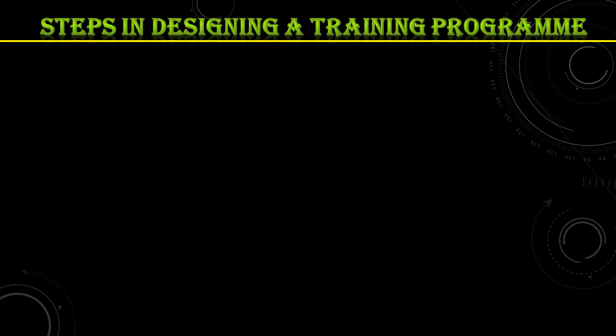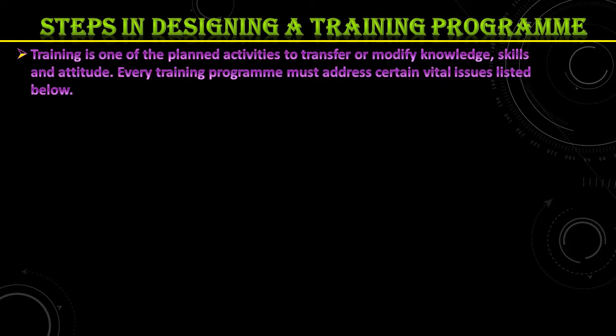Let us now see the various steps in designing a training program. Training is one of the planned activities to transfer or modify knowledge, skills and attitude. Every training program must address certain vital issues listed below.